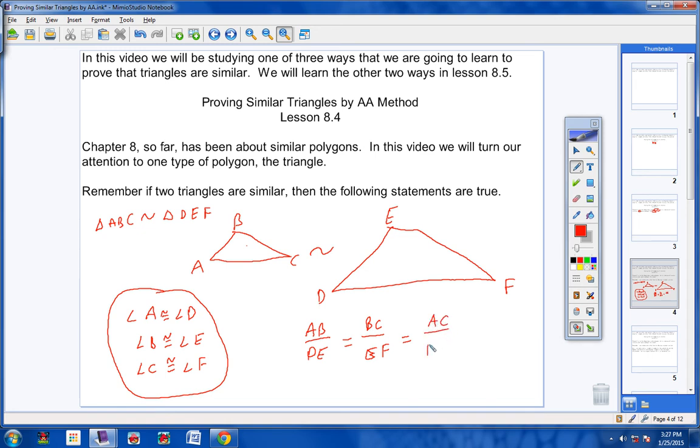Now, what that means is all these sides are what? What do we call it? Proportional, okay? So, when two triangles or polygons are similar, their angles are congruent and their sides are proportional. Please don't forget that, guys. It's very, very, very important.